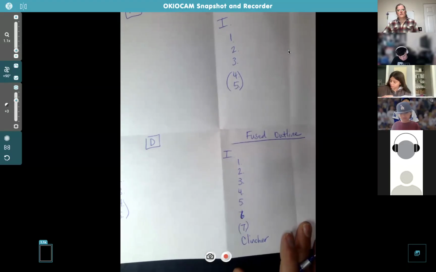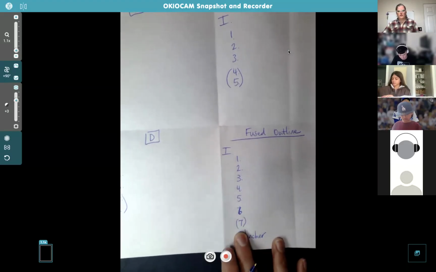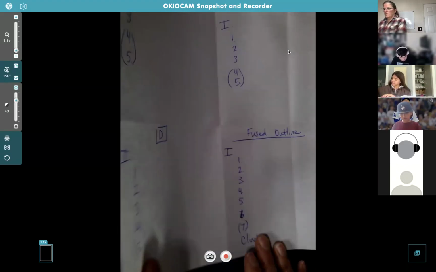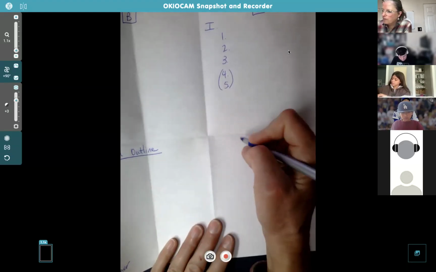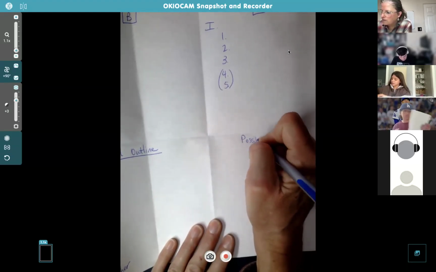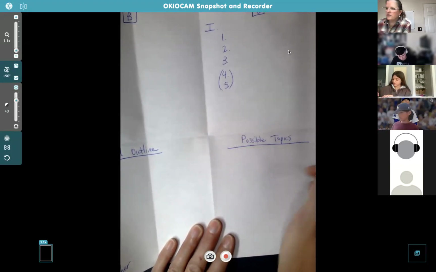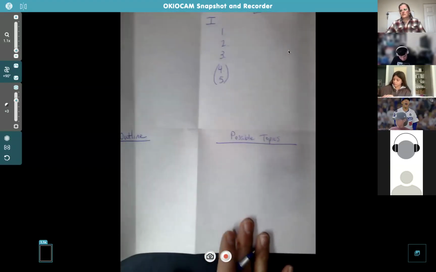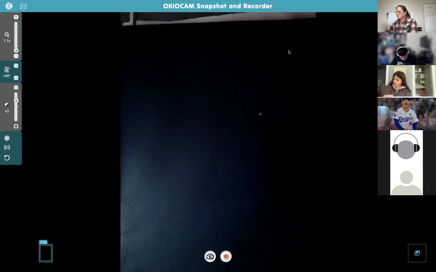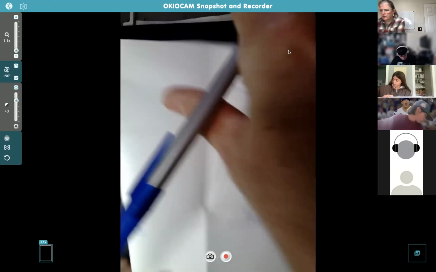So section I is going to be 1 through 7, 7 being optional. Okay, and then under C, that's where we're going to list our possible topics. This is where I need your help, because last week we read, or skimmed, the articles. I think we just labeled them.